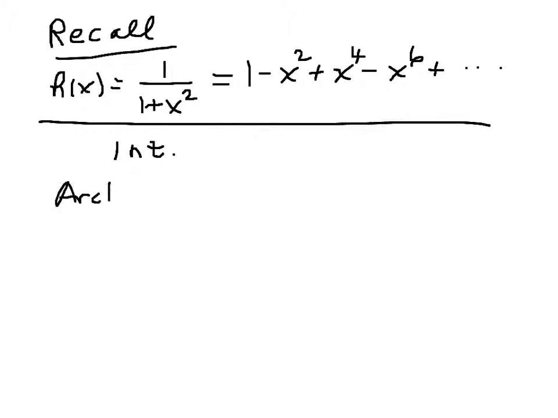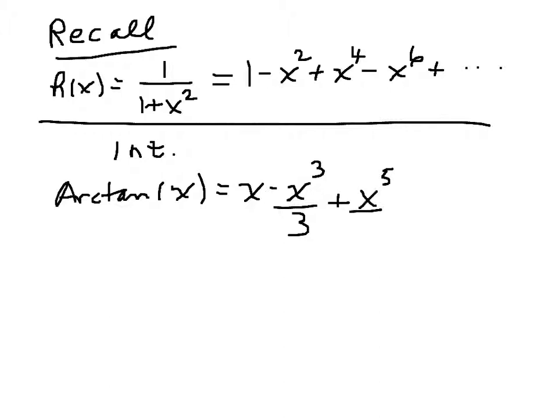The arctan of x, since the integral of 1 over 1 plus x squared is arctan of x, is equal to x minus x cubed over 3 plus x to the 5th over 5 minus x to the 7th over 7, and so on, an infinite series. And now we're going to let x equal 1. We will be able to show later on that when x is 1, this series does indeed converge.